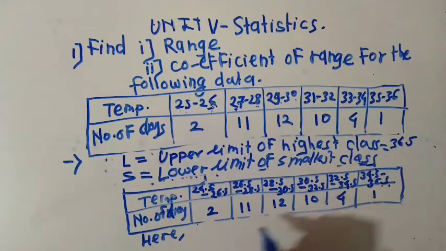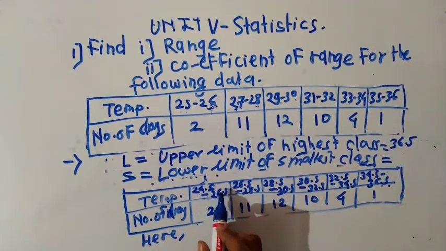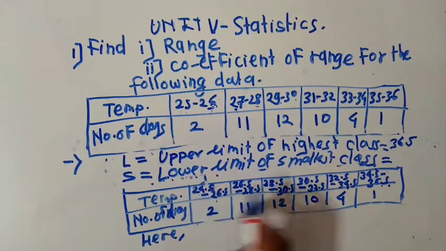So here the lowest class is this and the lower limit is 24.5.